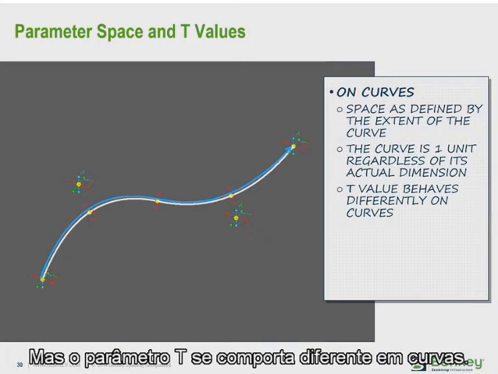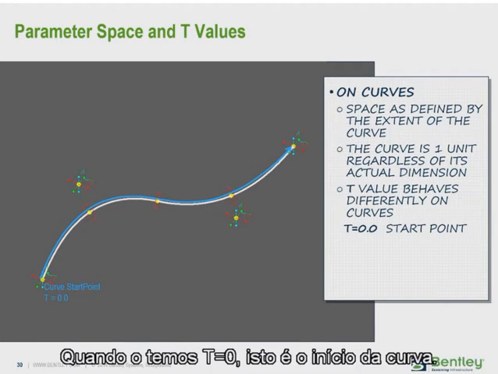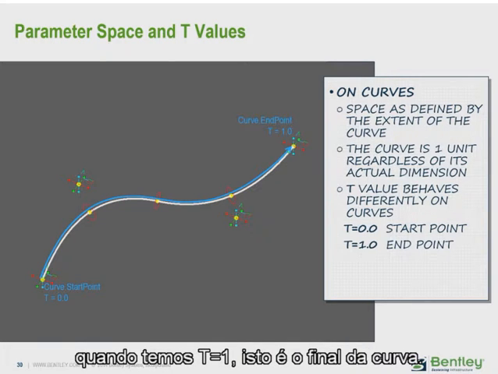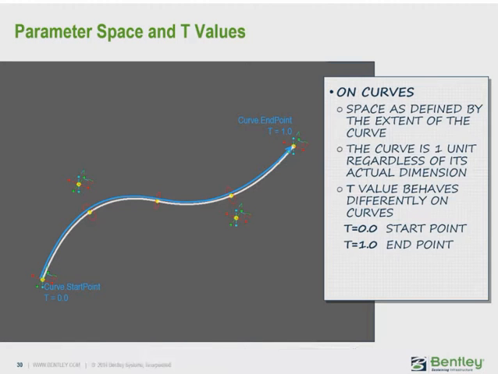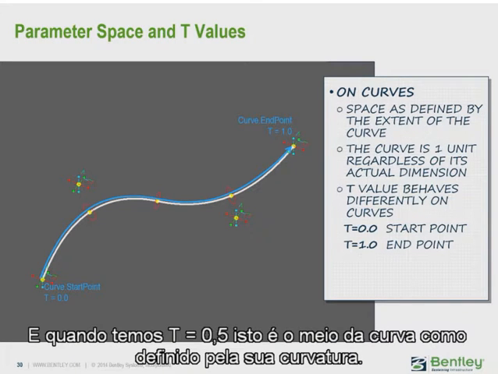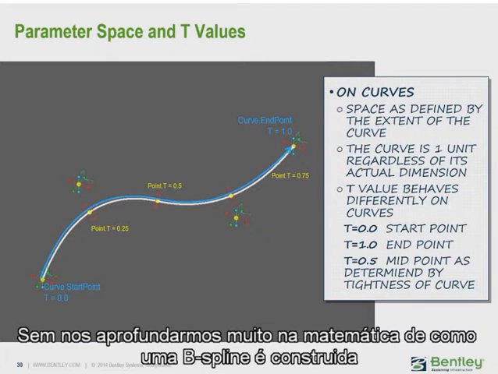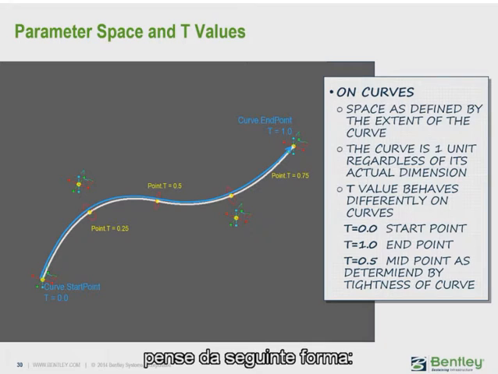But t-values do behave differently on curves, so that when the t-value is 0, that is the start point of the curve. When the t-value is 1, that is the end point of the curve. And when the t-value is 0.5, that is the midpoint of the curve as defined by the tightness of the curve. Without going into the mathematics of how B-spline curves are constructed, think of it this way.